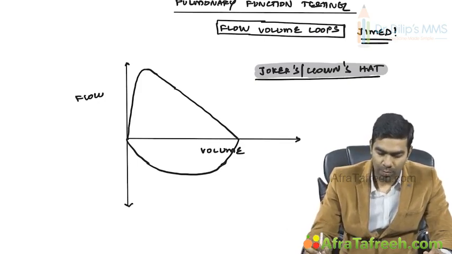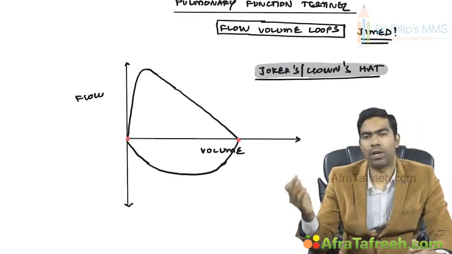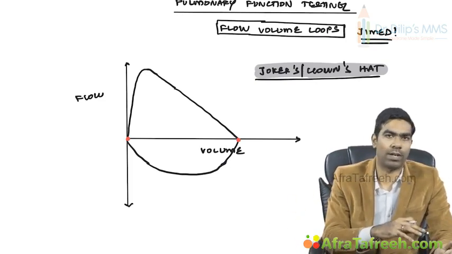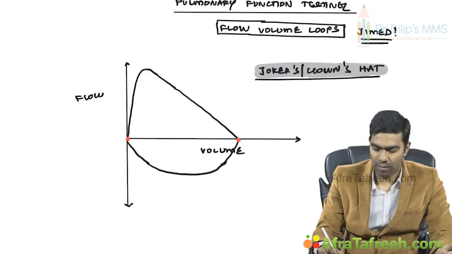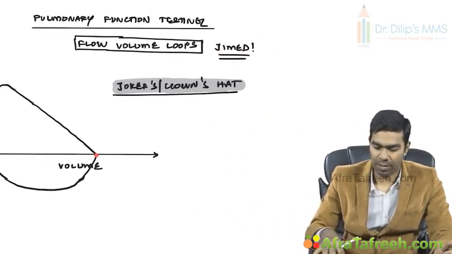Clear? The normal shape of the curve is a joker's hat or a clown's hat. So what are the things that I'm going to plot? So this is the volume. In the flow volume loop, it's always from the point of maximal acceleration to the point of maximum inhalation. So it is not like you're going to get only one curve, you're going to get many similar curves like this. For example, let me draw separately.